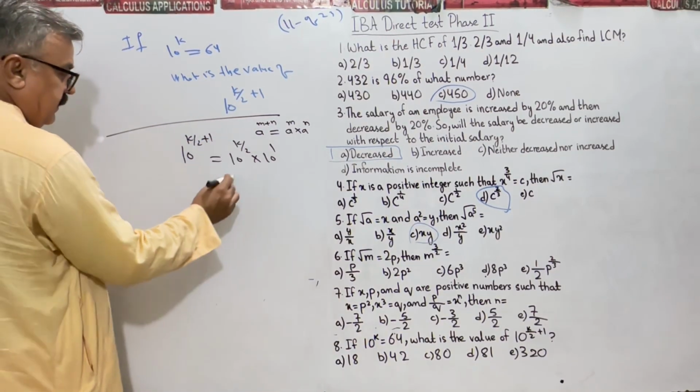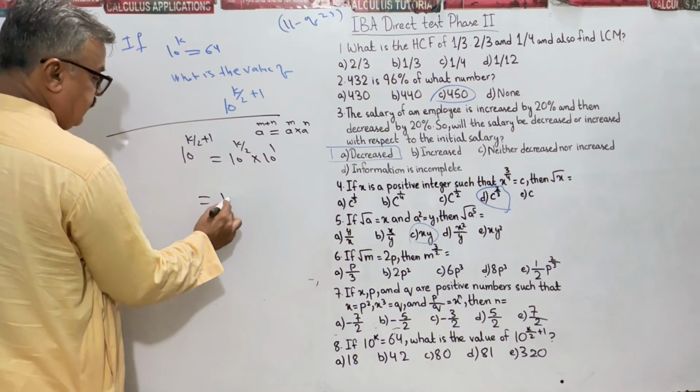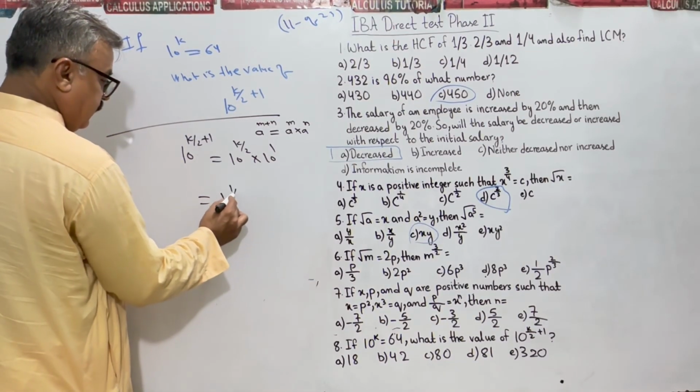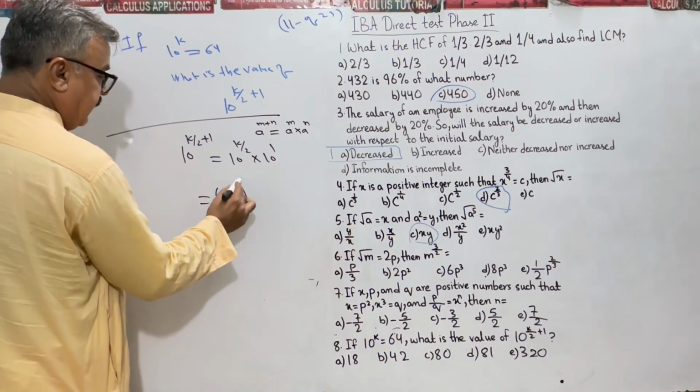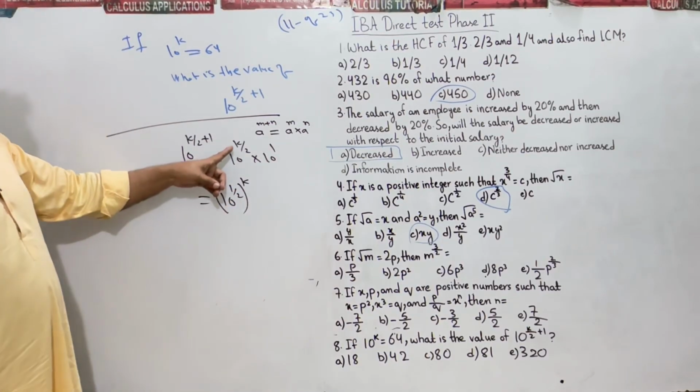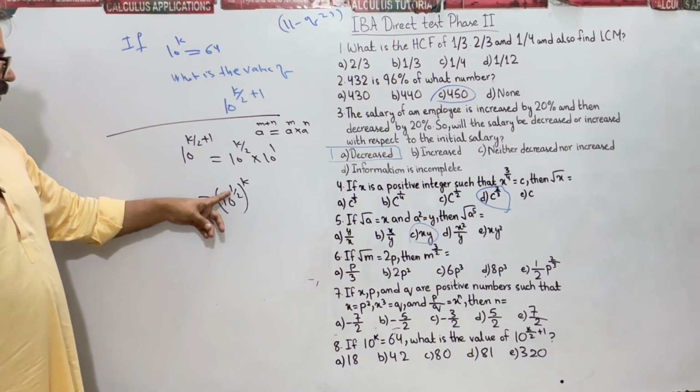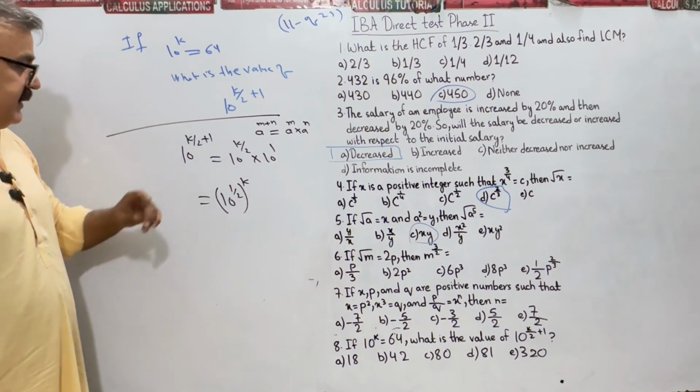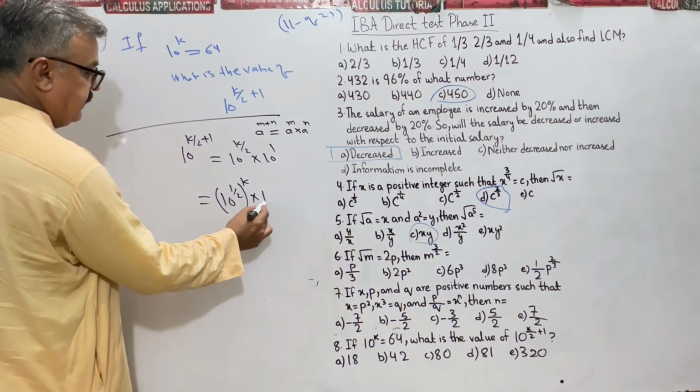Further, 10 raised k over 2, I can write in that style: k over 2 as 1 over 2 times k. So 10 raised 1 over 2 times k, into 10.